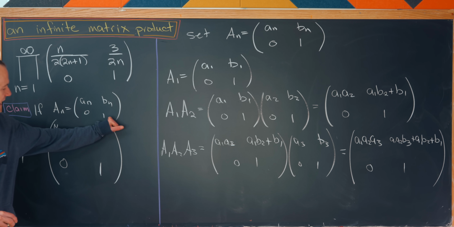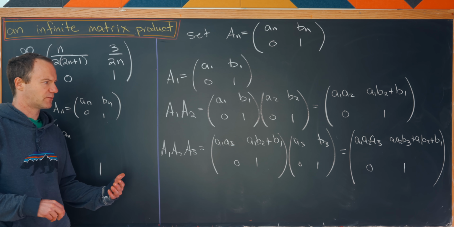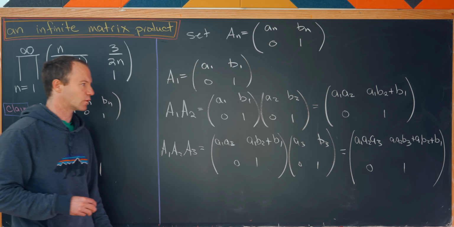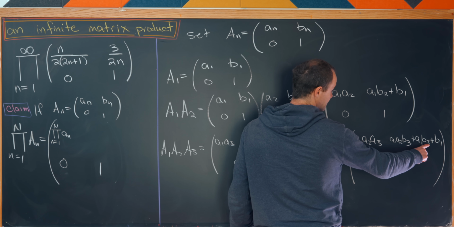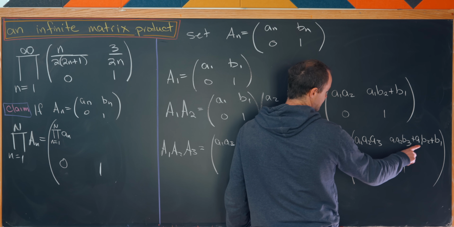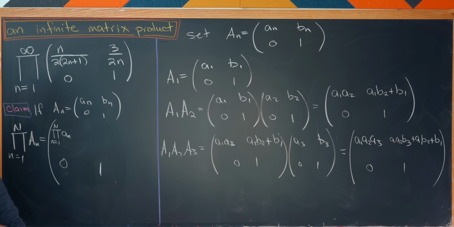And what's going on with that upper right term? Let's notice that it's a sum of the b terms where we multiply in a product of a terms depending on where we are. Here we have b1, plus b2 times a1, plus b3 times a1 times a2. How could we write that down most easily?